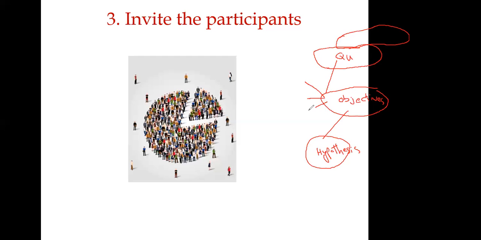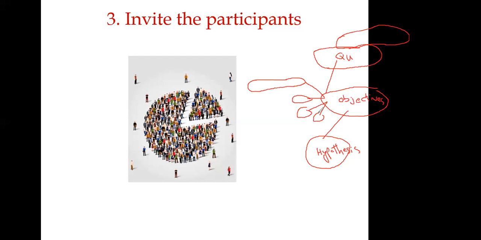The objective may be why they are leaving. They assume they are leaving mainly because of dissatisfaction, and dissatisfaction depends maybe on salary, educational level, or gender. So based on the question, we can define our objectives.